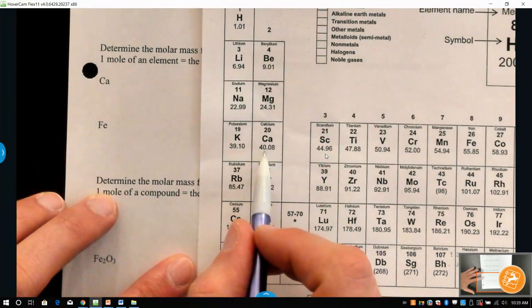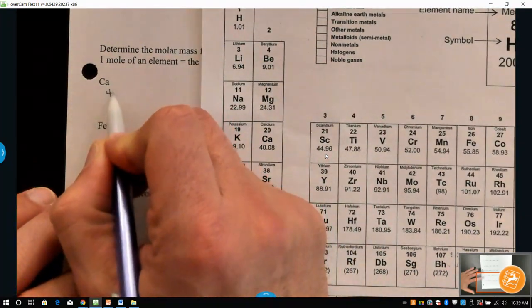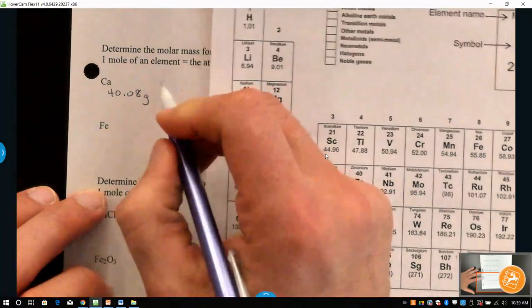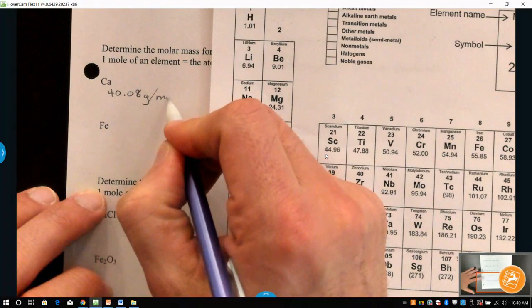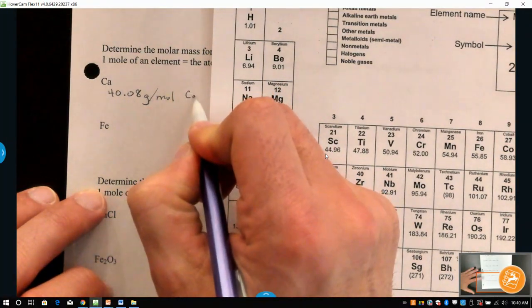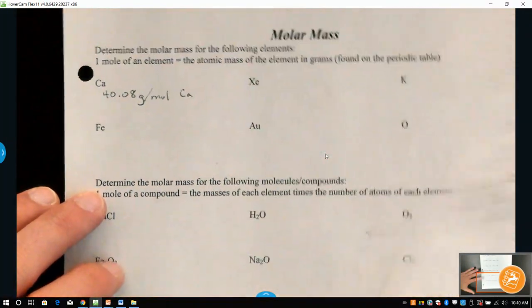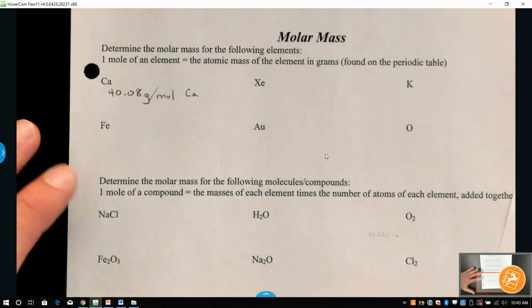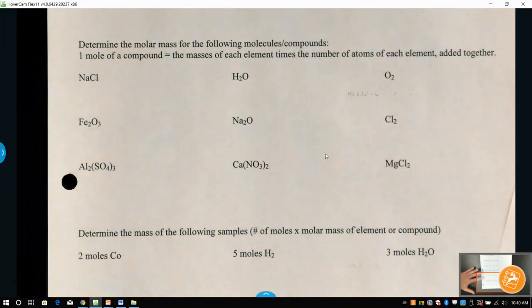It would be 40.08 grams per 1 mole of calcium. That's it. For section 1, that's all you need to do. Now for section 2, you're doing exactly how I showed it, in the notes and the examples up on the board.